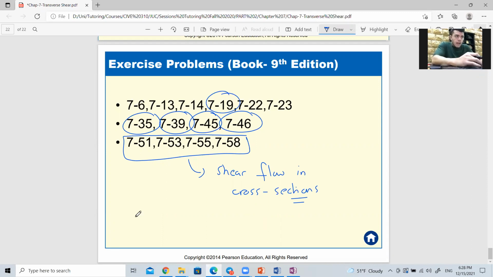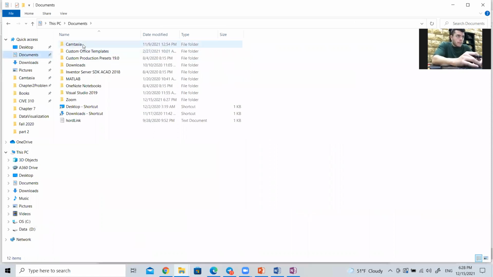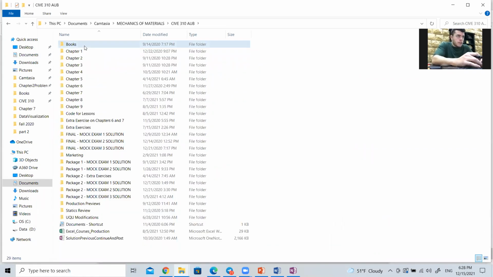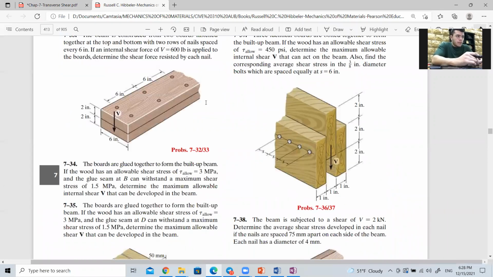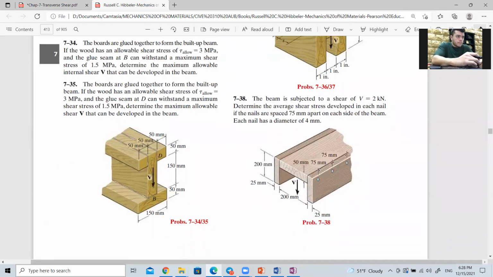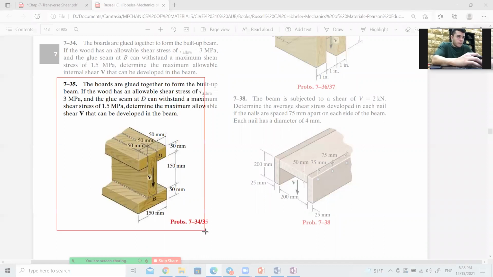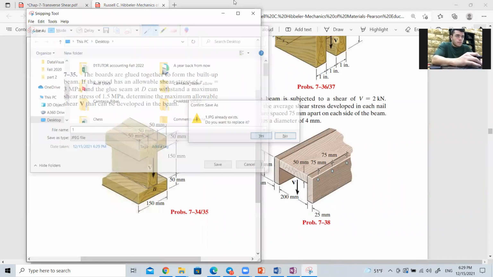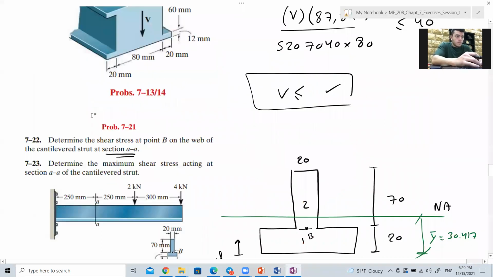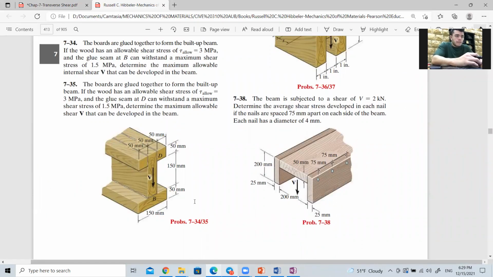So let us continue with the exercises. 735. I will open the book. Okay, 735. So this is the book. 735, which is this. All right. But before solving 735, I want to give you 739 first.